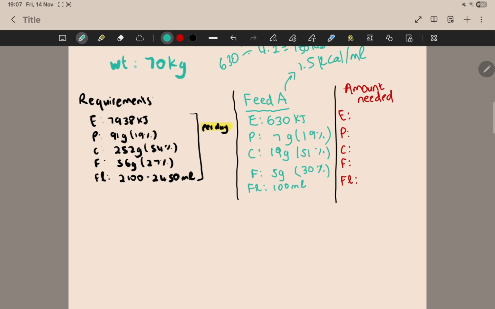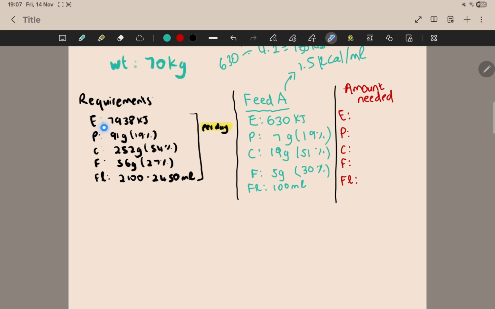Okay, now how do you go about calculating the total amount needed per day from this feed that you've now decided to use or chosen? Let's just say you chose this feed. How do you do the calculations? So we normally use protein to get the factor, which then is used to multiply all of these figures to get the total amount needed.